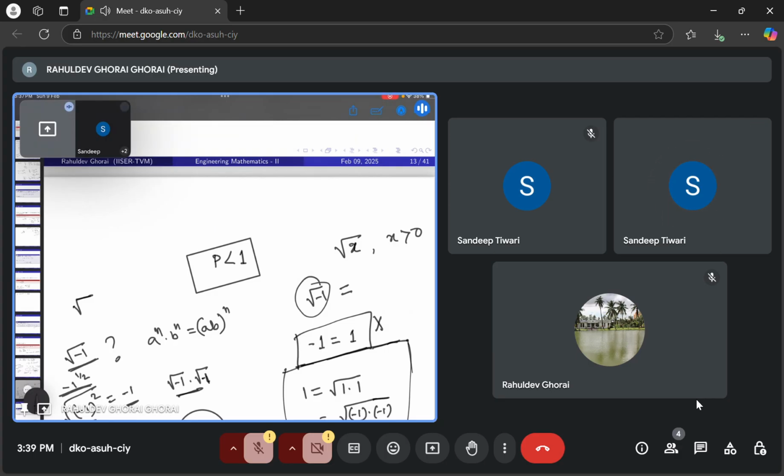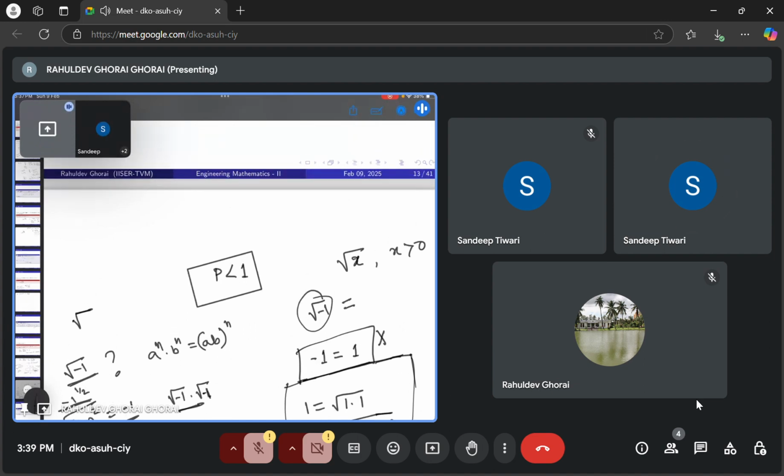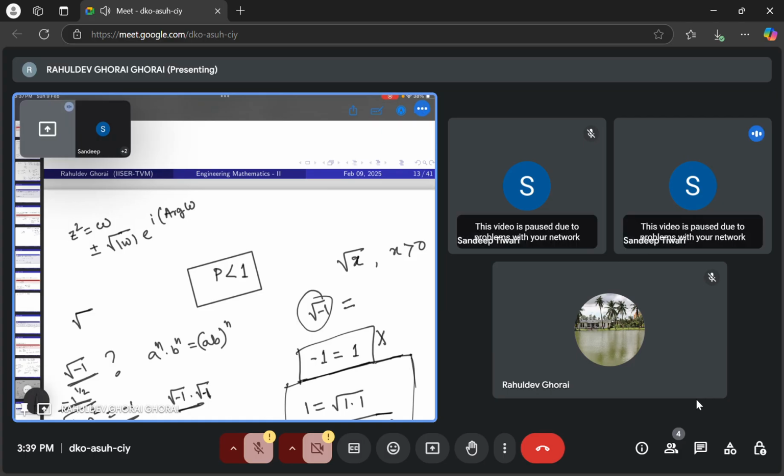But yeah, I can say a little bit. So the thing is, when we define square root of z, I mean z square equal to w, it will have two solutions, like plus minus square root of modulus of w times e to the power i times argument of w over 2.